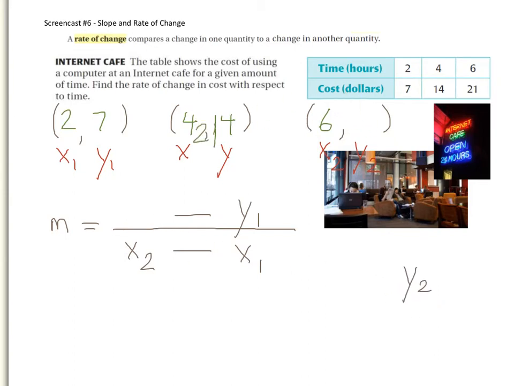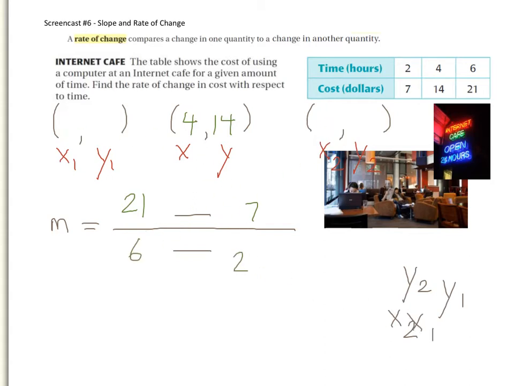y2 is 21. y1 is 7. x2 is 6. x1 is 2. Wow, check this out. Okay, 21 minus 7. Well, that's 14 this time. And 6 minus 2 is 4. We didn't seem to get the same 7 over 2.